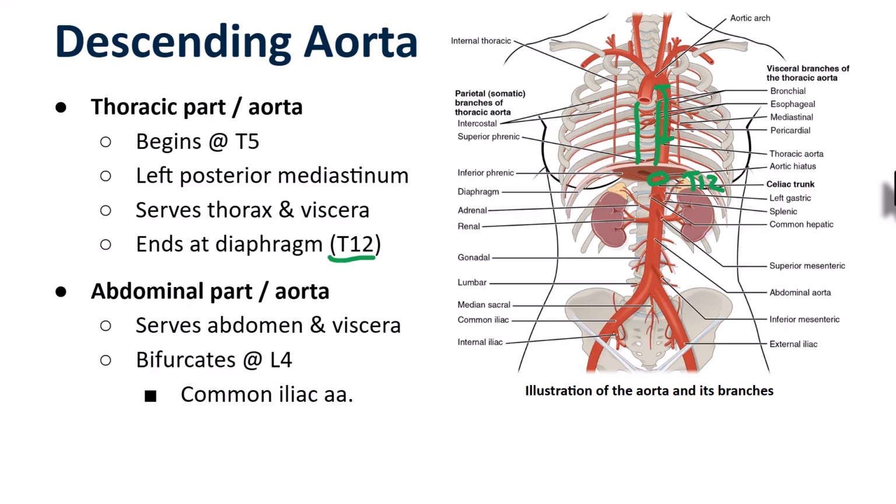That means then that the abdominal part of the aorta is going to begin at that aortic hiatus at about T12. So where thoracic aorta ends, abdominal aorta begins.